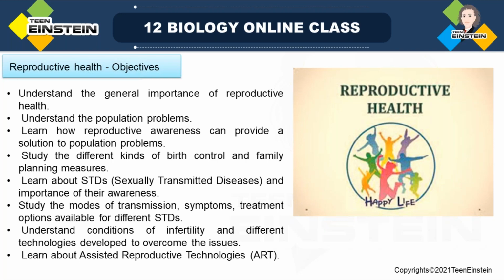See, what are the main objectives of reproductive health programs? Why are we learning this chapter? Just to understand the population problems. Mainly we need to understand the population problem, then the importance of this reproductive health.